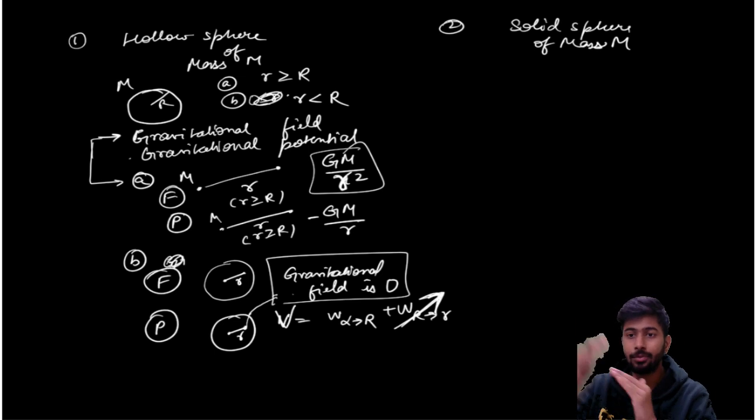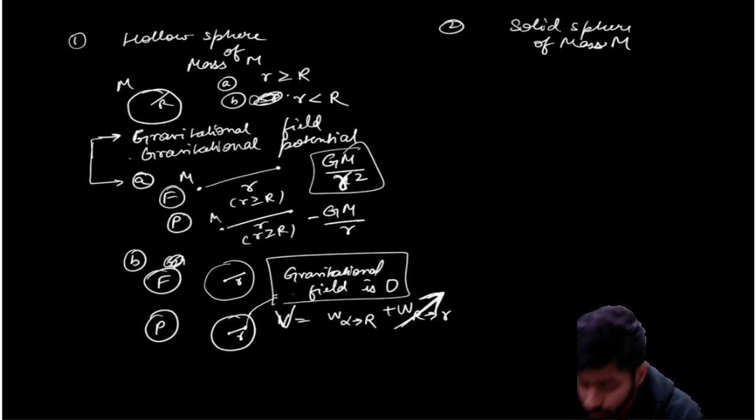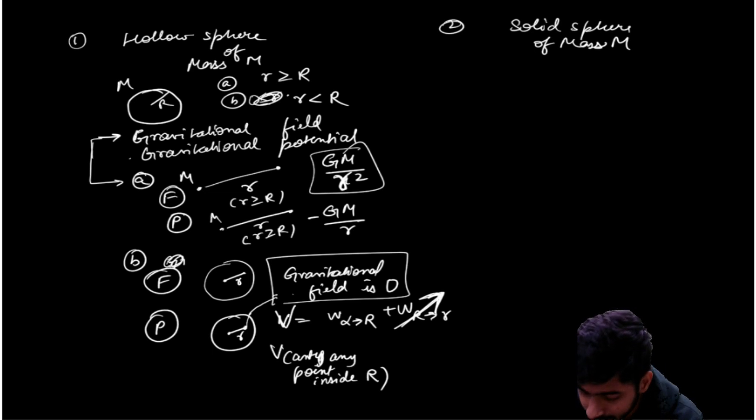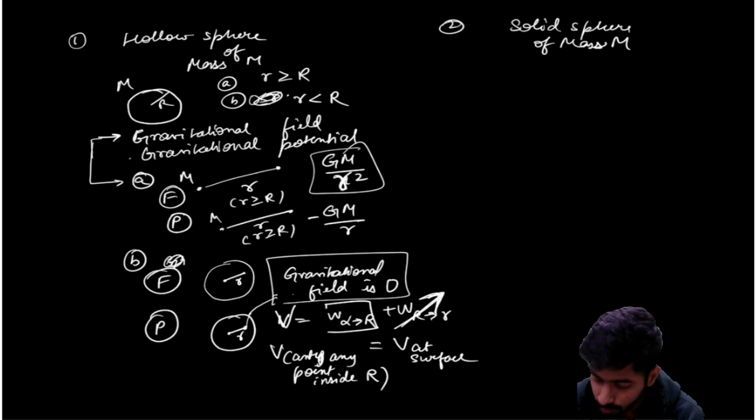And to bring it from the surface to any point inside, it will be 0. So potential at any point inside, that means any point inside, has the same value, equal to potential at the surface.